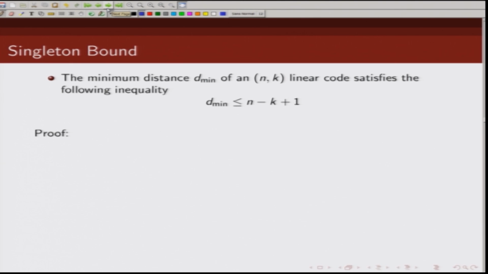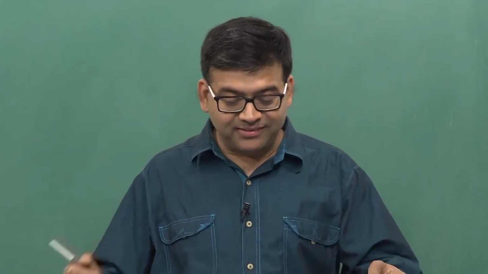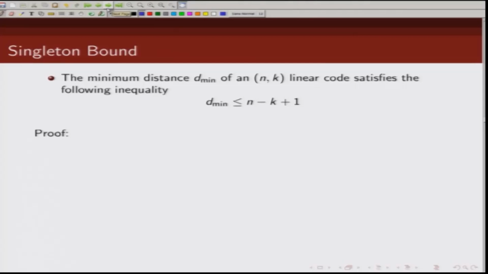The next bound that we will talk about is the Singleton bound, which gives an upper bound on minimum distance. The Singleton bound says that the minimum distance of an (n,k) linear block code must satisfy this inequality: minimum distance is less than or equal to n minus k plus 1.